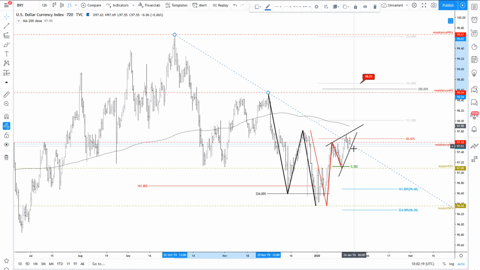If the market decides to violate this bearish momentum, or at least the most recent one, there's obviously the possibility for the market to trade higher.